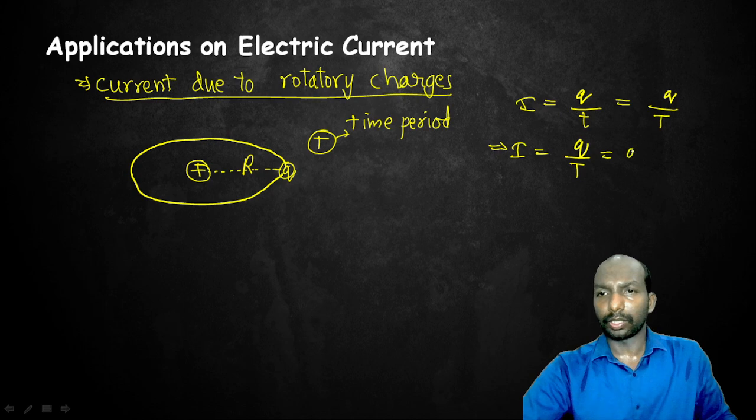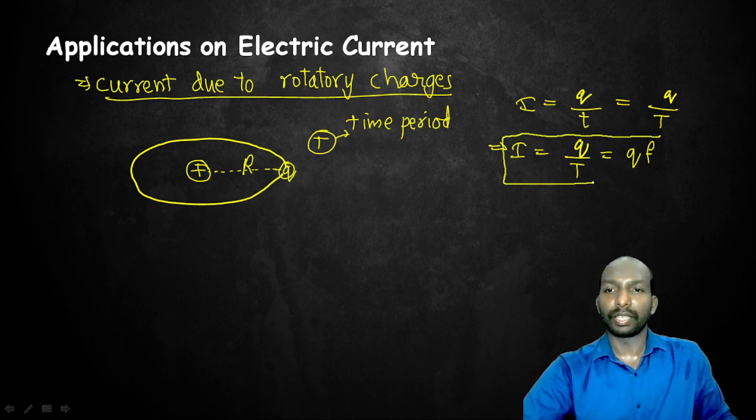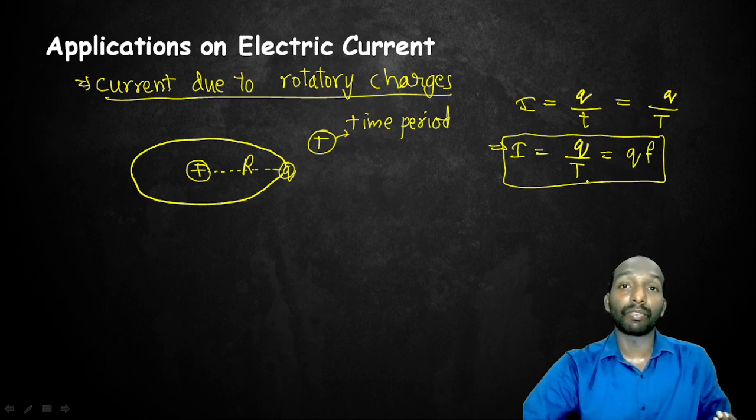So it is nothing but Q into frequency, because 1 by time period means frequency. Now let us find what this T value is. If you know the time period, we can find the strength of the electric current.